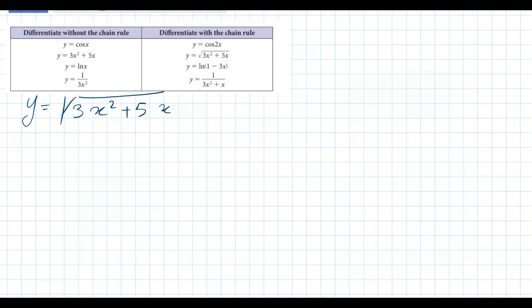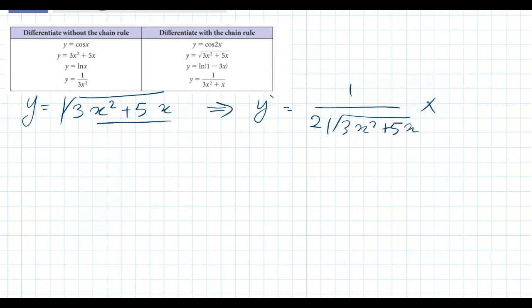We talked before, we can differentiate it directly, like y dash equals 1 over 2 times the root itself, which is 3x squared plus 5x, times the derivative of this part, which becomes 6x plus 5, right? Then the final result should be 6x plus 5 over 2 times the root itself, which is the square root of 3x squared plus 5x.